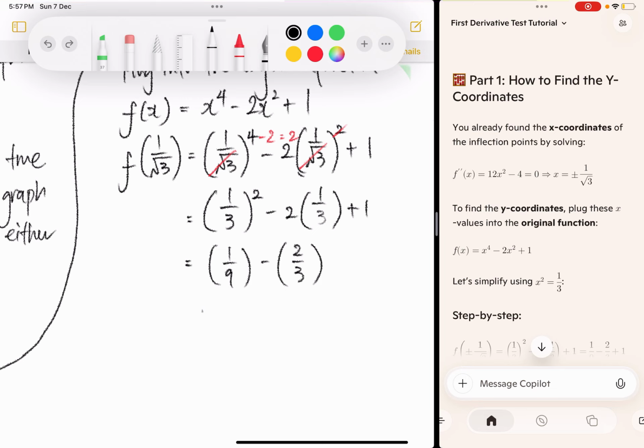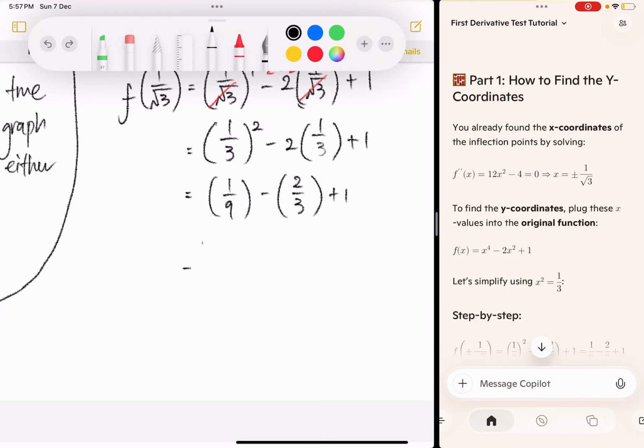Because we can't use a calculator, we can try to make all of them have the same denominator.